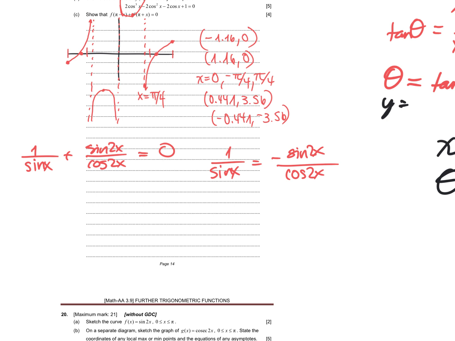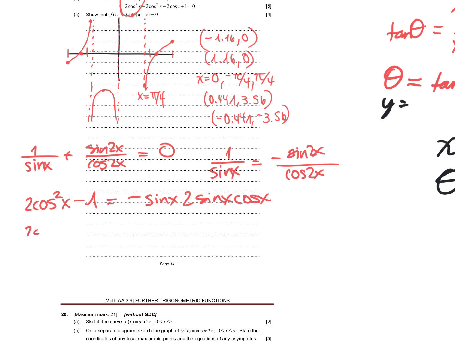So we're going to have cosine 2x, and in terms of cosine, we have 2 cosine squared x minus 1 equals negative sine x times sine 2x, which is 2 sine x cosine x.